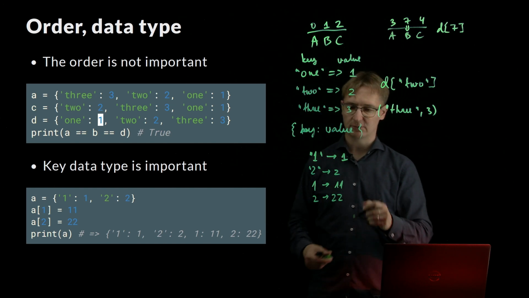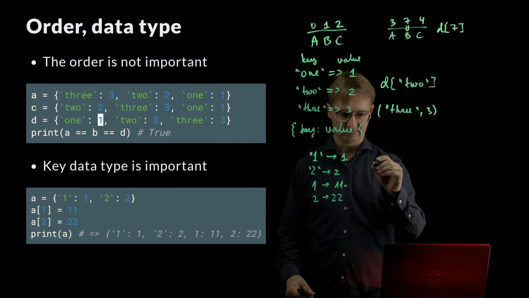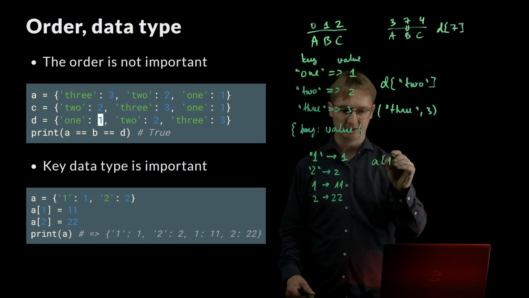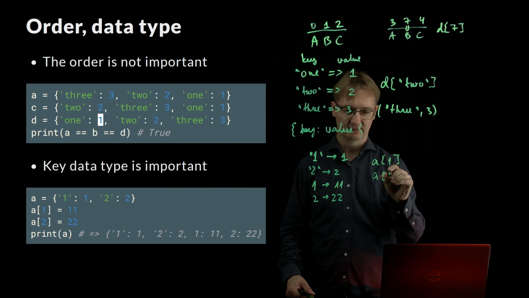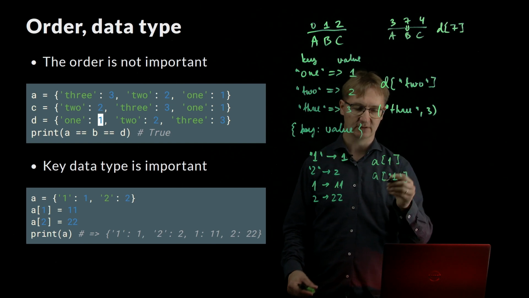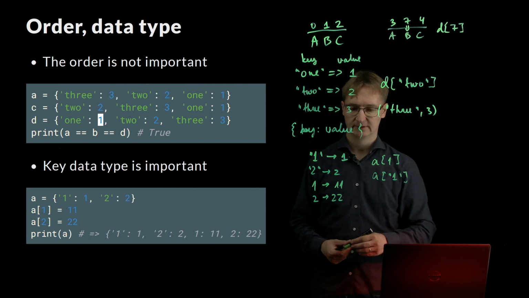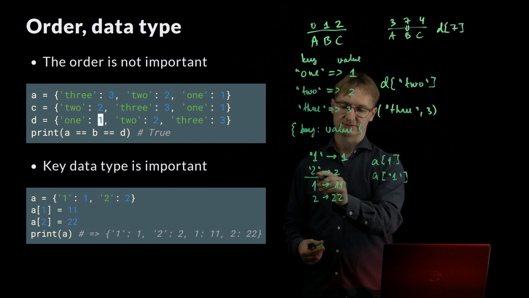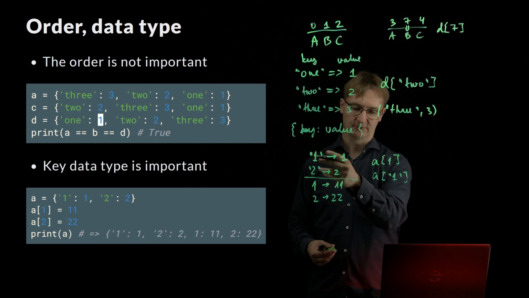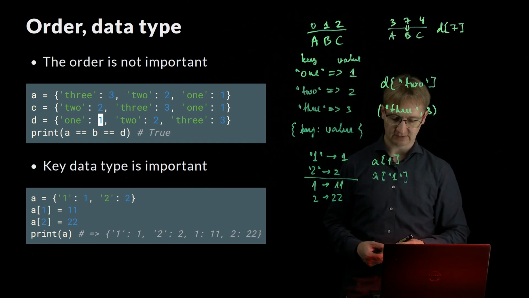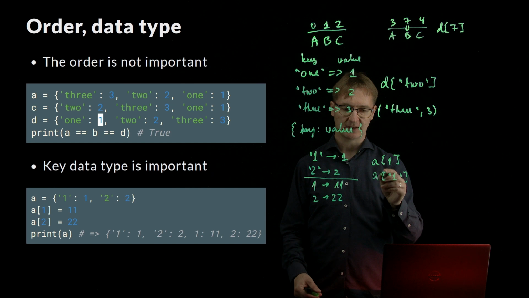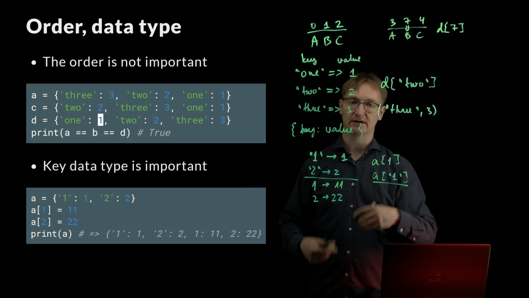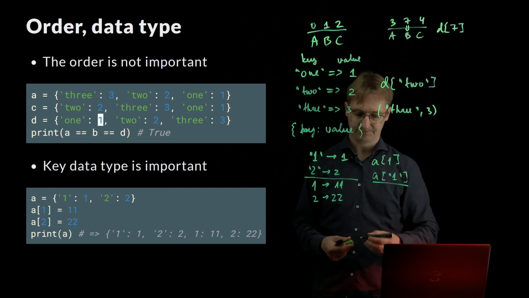So it is important what you ask for, because the number 1 and 1 as a string give you a different result. Especially if you only had the original dictionary and you would ask for this, you would get an error because there is no such key.